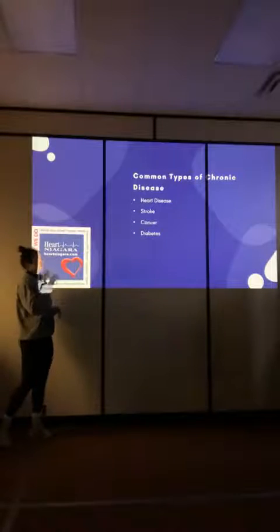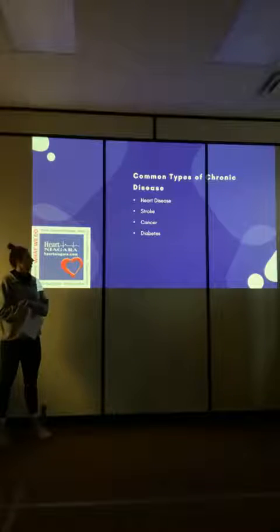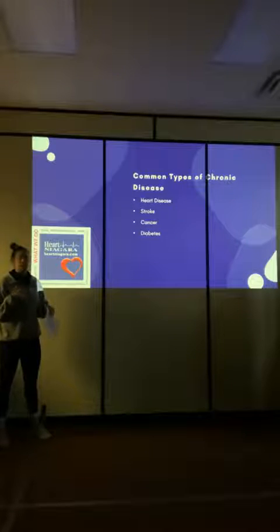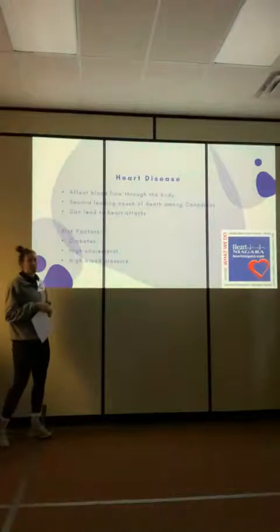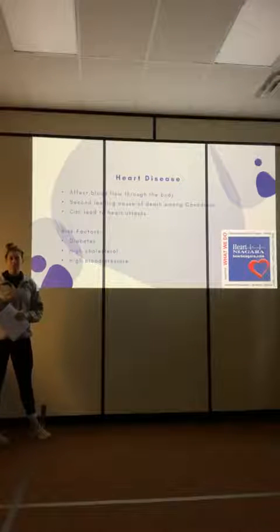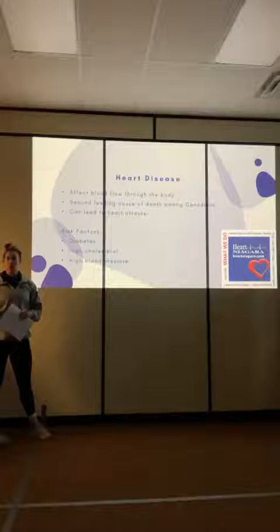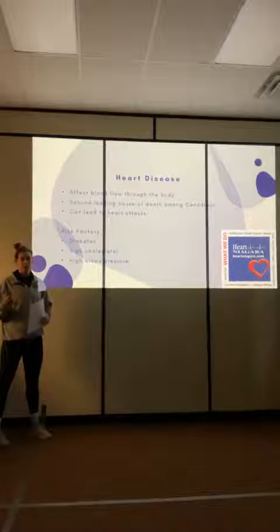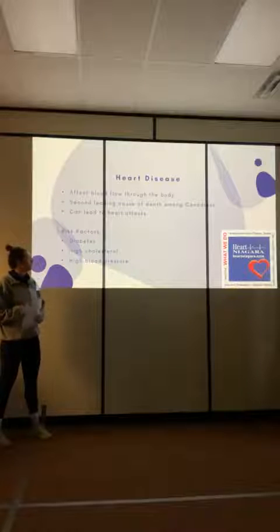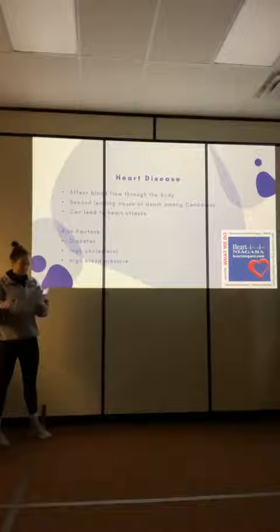Okay, so the 4 common types we're going to talk about are heart disease, stroke, cancer, and diabetes. First, with heart disease, previously Mega presented about the heart and how to prepare yourself at home, so I'm not going to go into a lot of info about heart disease, but we are going to give you a little refresher. Heart disease affects blood flow through your body.